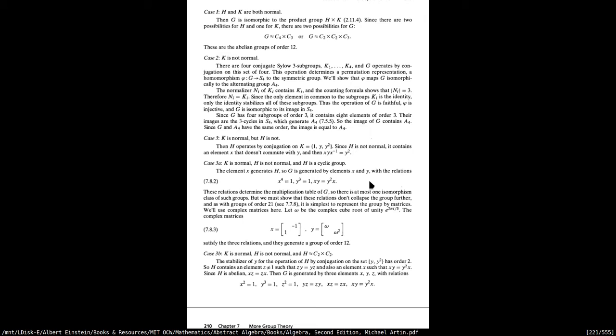Okay, so if K acts on the set of conjugates of H by conjugation, we know that there are 3 elements in the orbit, H1, H2, and H3. Order of K is 9. So that means that the size of the normalizer of, say, H1 is 3.